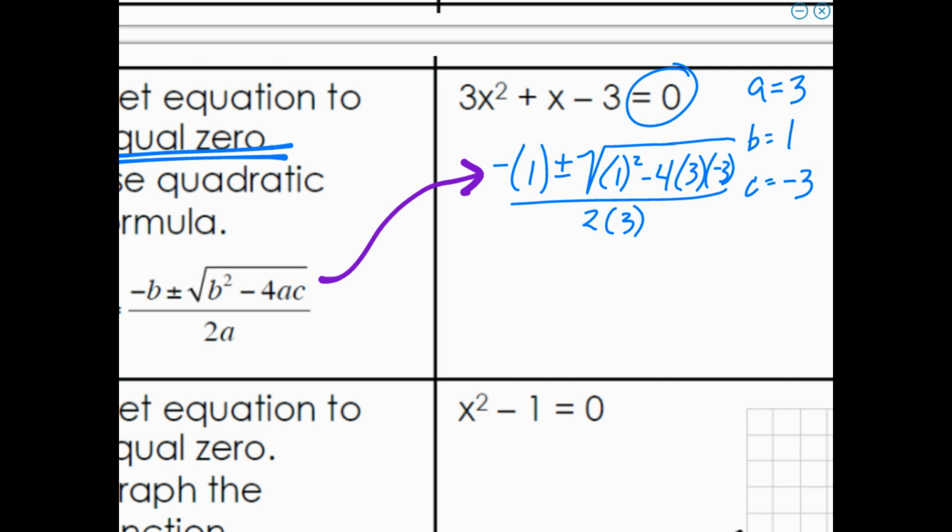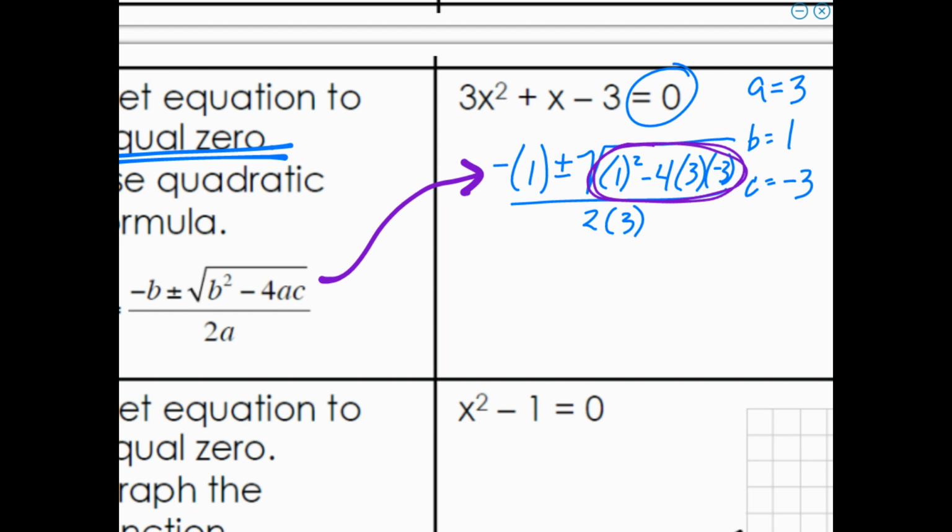Now, you can put it in the calculator exactly like this. And if it gives you a decimal answer, that means you might have to go back and figure out what it actually is. So I suggest that you don't try to put this big whole thing in your calculator. Okay. Use just what's under here in your calculator.